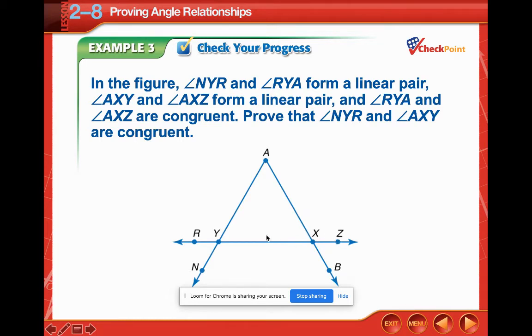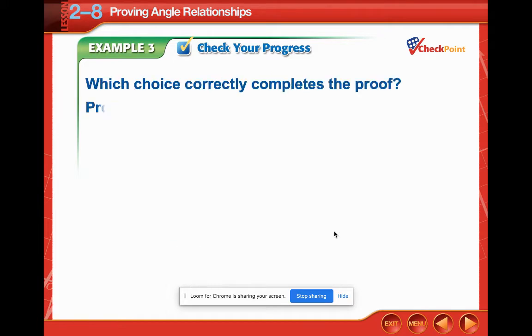That means they're supplementary. And RYA and AXZ, where's AXZ? RYA and AXZ are congruent. Prove that angles NYR and AXY are congruent. Oh my goodness. Let's see. Which choice correctly completes the proof?